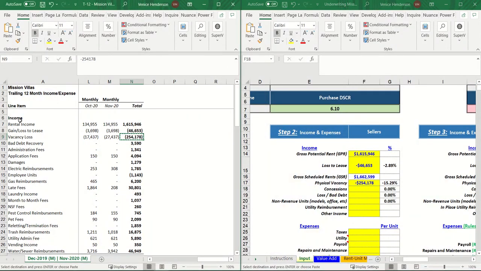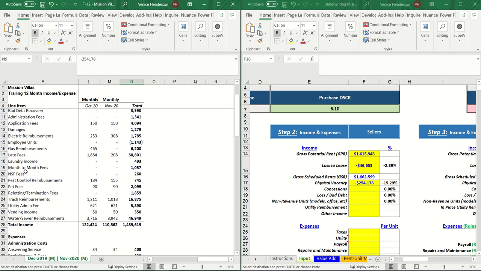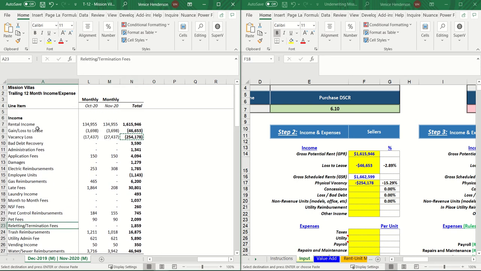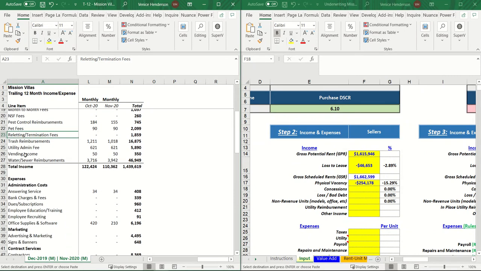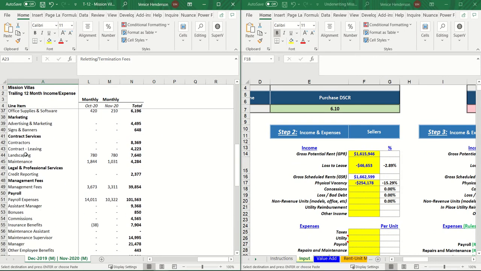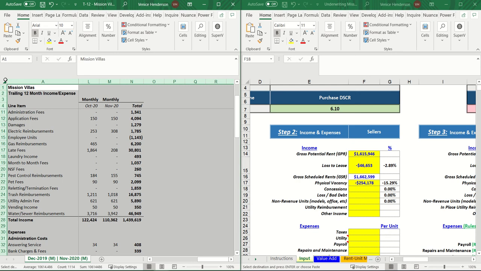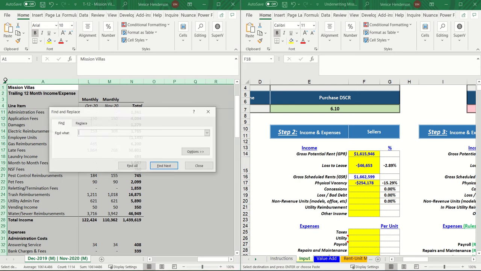Concessions. So again, we are just locating the items here and we are populating it over here. I am not seeing anything that says concessions. So I'm going to come on over, select all the cells in the spreadsheet, do a Control F, and type in concessions.